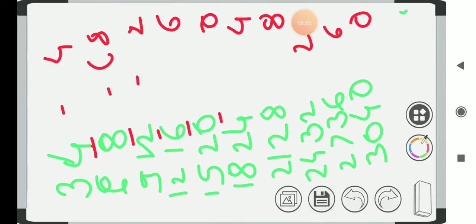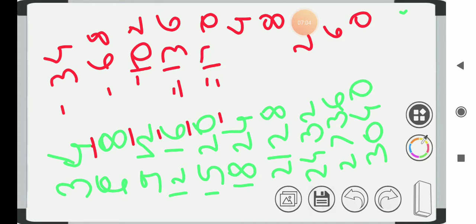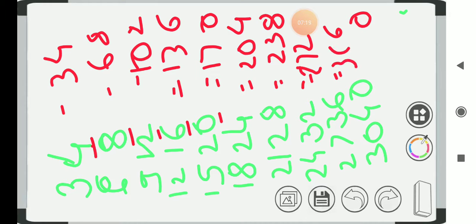6, no need of addition. 9 plus 1 is 10. 12 plus 1 is 13. 15 plus 2 is 17. 18 plus 2 is 20. 21 plus 2 is 23. 24 plus 3 is 27. 27 plus 3 is 30.